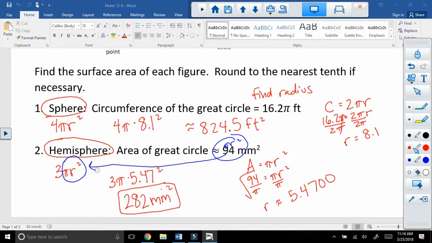Could you multiply by 3, but then you'd have to divide by 2 since it's half, wouldn't it? No. This is the formula for a hemisphere. It's 3 times the area of the circle. So you don't have to divide it by anything. You could just take that 94, multiply that by 3, and you get 282. I wanted to go through the process just in case you don't recognize that. Sometimes you might still have to go through the process to do something, but there might be some shortcuts for some of these.